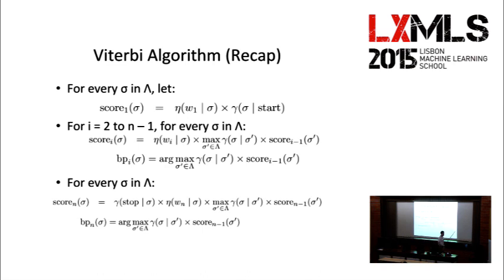We call these score sub 1. And then for each time step up to n-1, we calculate the scores using this recurrence, where we use the scores from the previous round to calculate the score at the next time step. And we also keep a back pointer so that we can recover the sequence. It's a little bit different in the last column because we also need the stopping probabilities.